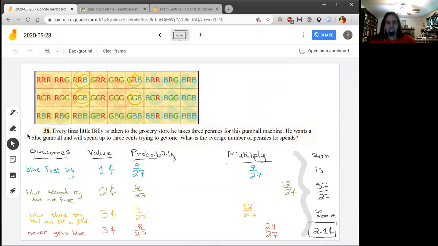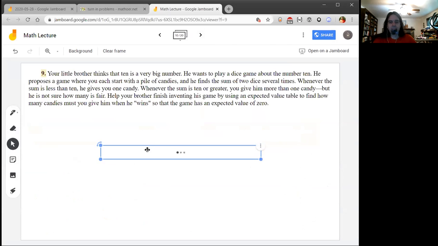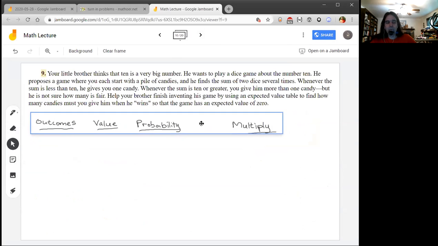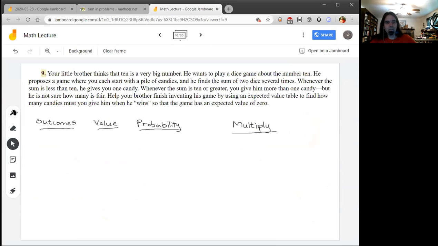So we're doing the same things. We'll have our outcomes, our value, our probability, and then we'll multiply. I don't even really have to read the problem to know that these will be the right things to make columns for, because it's an expected value.